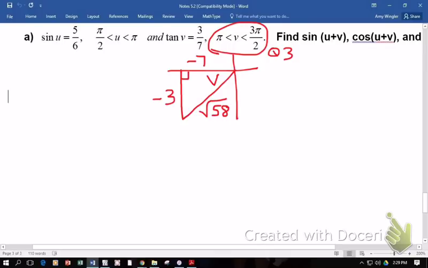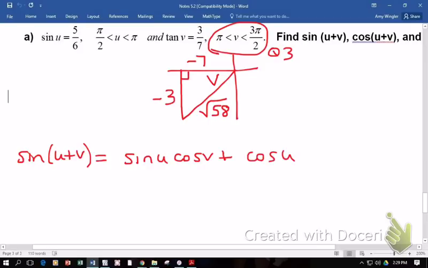So now what we're going to have to do, plan accordingly for the rest of the room that you have on this paper, is find the sine of U plus V. So we're going to look at our formula, and that's going to be the sine of U times the cosine of V plus the cosine of U times the sine of V. So we need to use our V and U triangles and SOHCAHTOA to find these values.